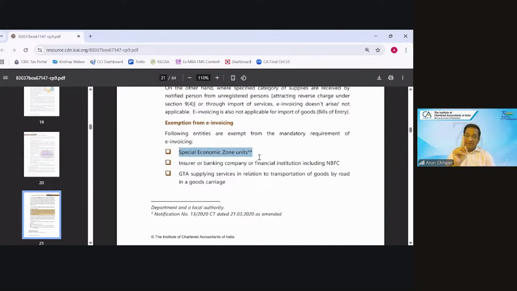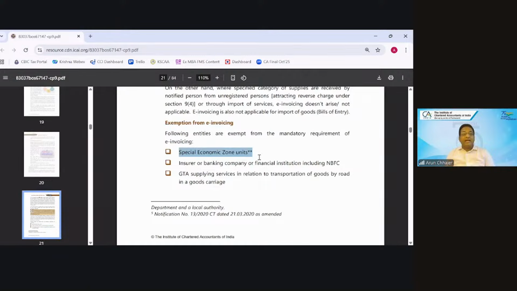Wherever we talk about SEZ unit, they are adding SEZ unit or developer. This is the first place where I can see they have created a difference between the unit and developer. So only SEZ units are exempted.